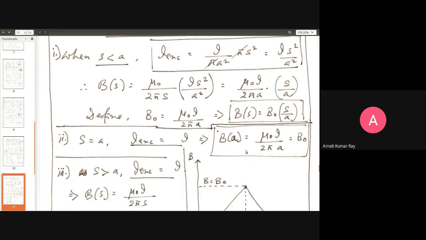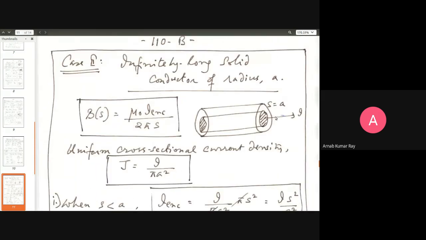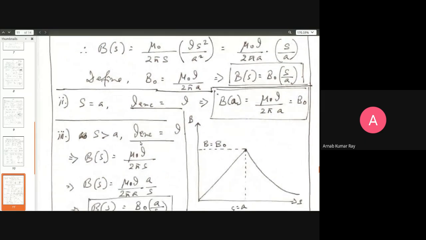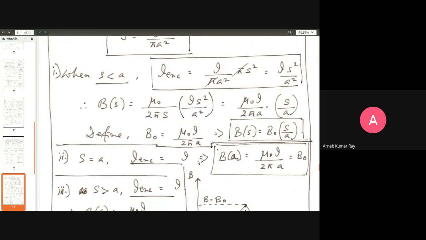Now when S is greater than A, you've drawn your Amperian loop outside the wire. Then I enclosed will be the total current I, but S no longer has a defined value. S is greater than A, but it can have any value.